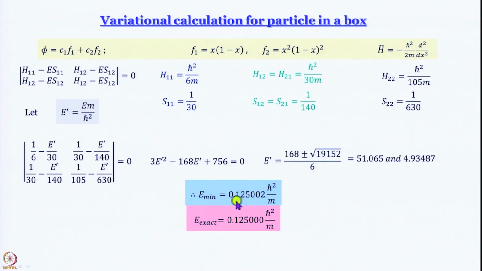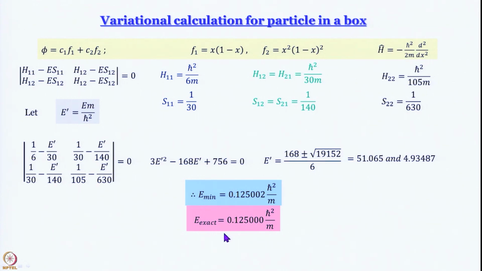And then we wrote this in terms of h cross square by m and compared this minimum value of energy with the exact value of energy that we got earlier, and we see the agreement is really good. If you go to the 6th place of decimal, there is a difference between the calculated minimum value of energy and the exact value of energy that we got earlier.